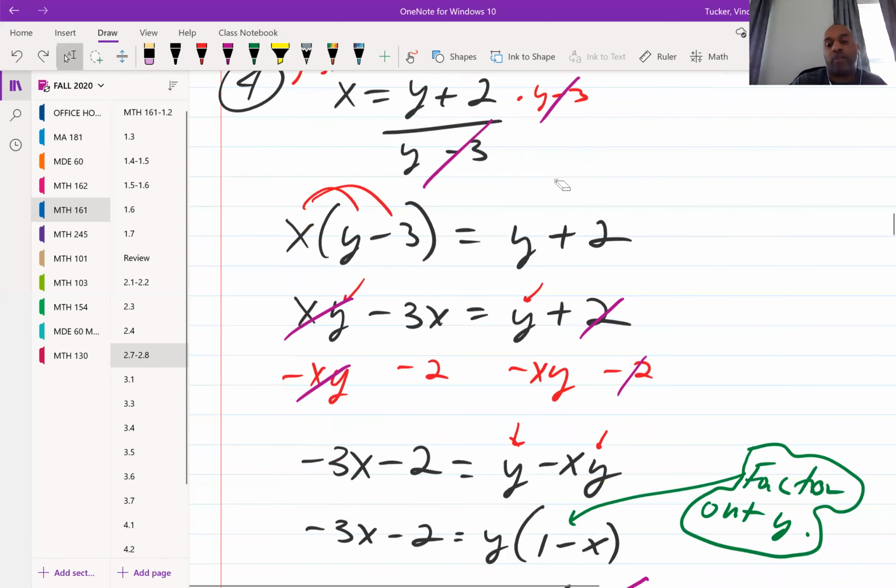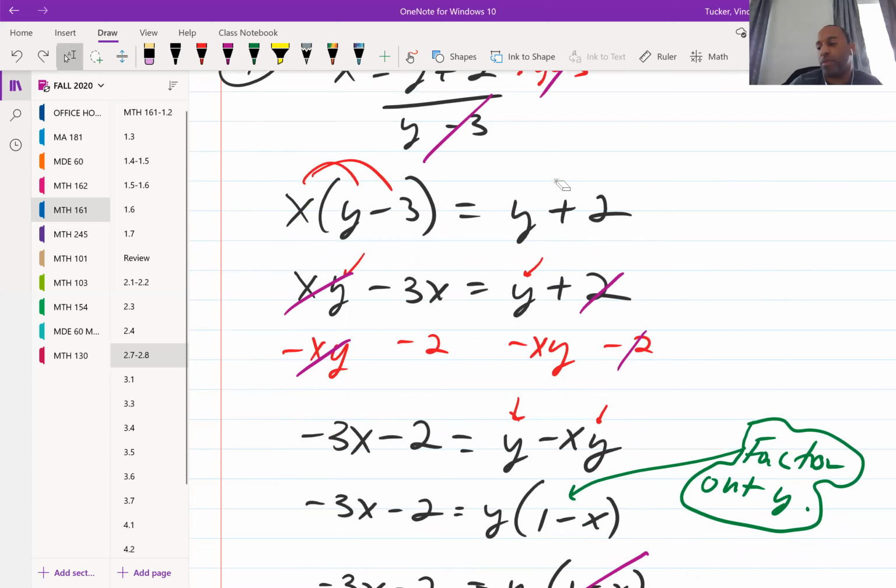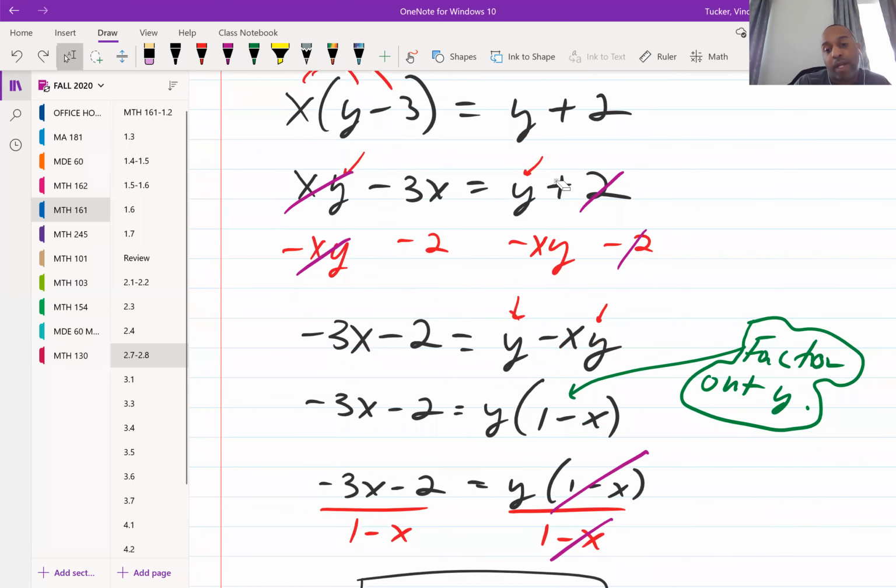So now I can factor out y from both terms. Divide both sides by 1 minus x.